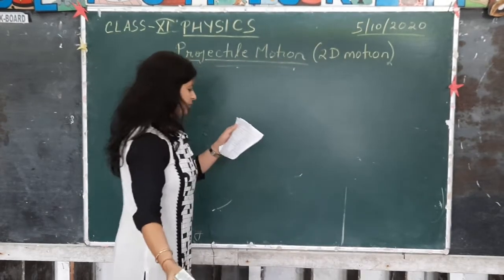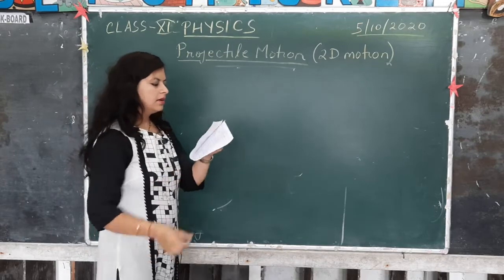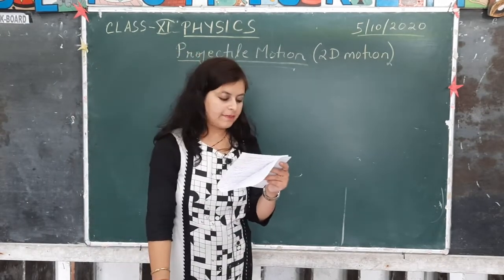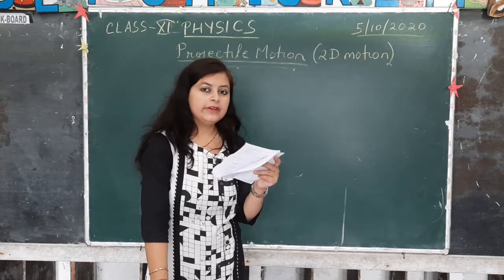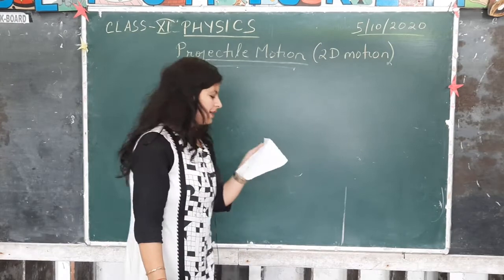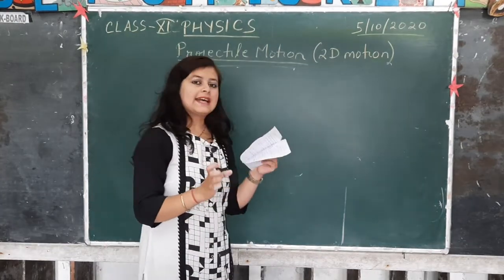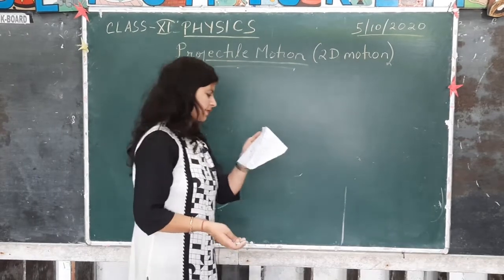Alright, now let's quickly do it. To find out the path followed, we are going to show the relation between x and y, and here we will try to eliminate any term related to t. That means any term related to t has to be replaced in terms of x and y, and then we are going to write the equation.